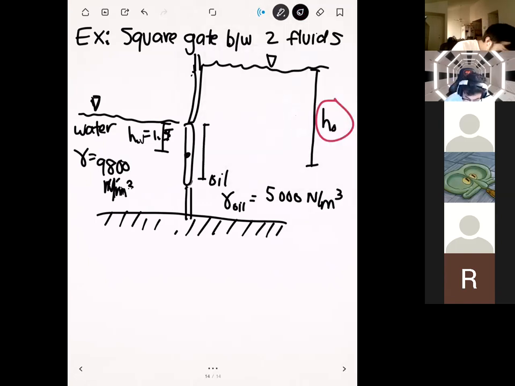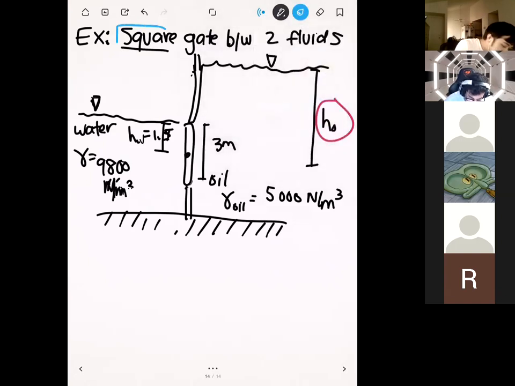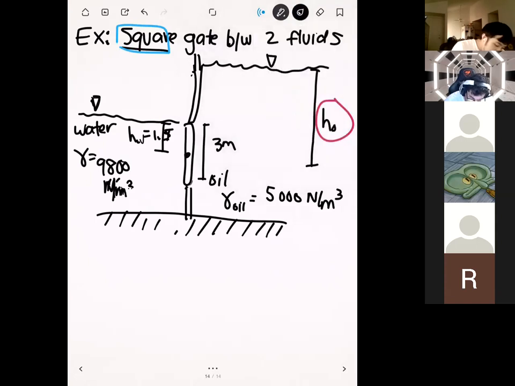We also know the size of the gate. The size of the gate is 3 meters, and it's a square gate. So we know that the gate looks like this.